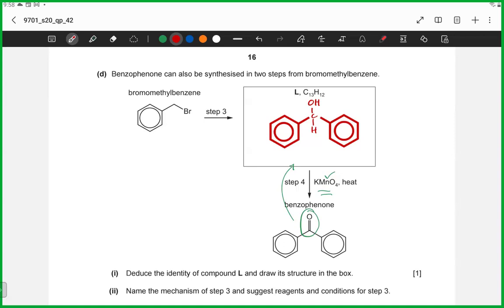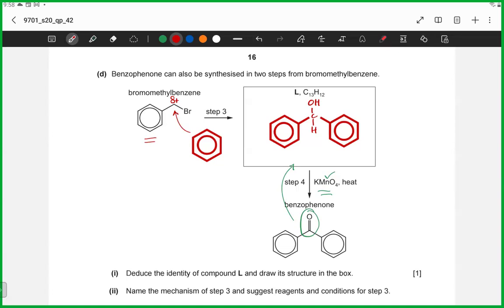Apart from that, we can move from this part as well, because I need to attach a benzene, right? What I can also do is try to think of it in the forward direction, because remember, this question is entirely guesswork. Now, this is alkylation. The carbon over here is positive. So this positive carbon is going to get attracted to the benzene, and the Br is going to get knocked out.